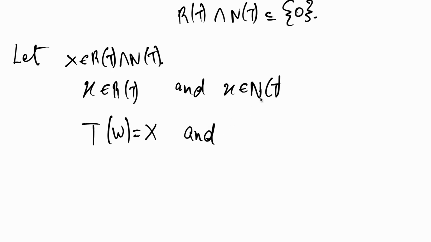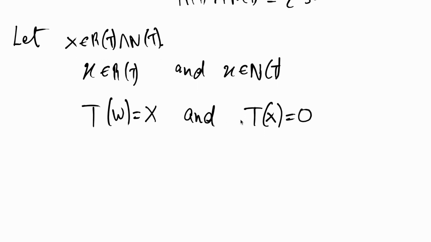And for X being in NT, all this means is, well, NT is the null space of T, which means all those elements that T maps to 0. So X is one of the elements that T maps to 0. So we can write TX equal to 0. So this is what we have.